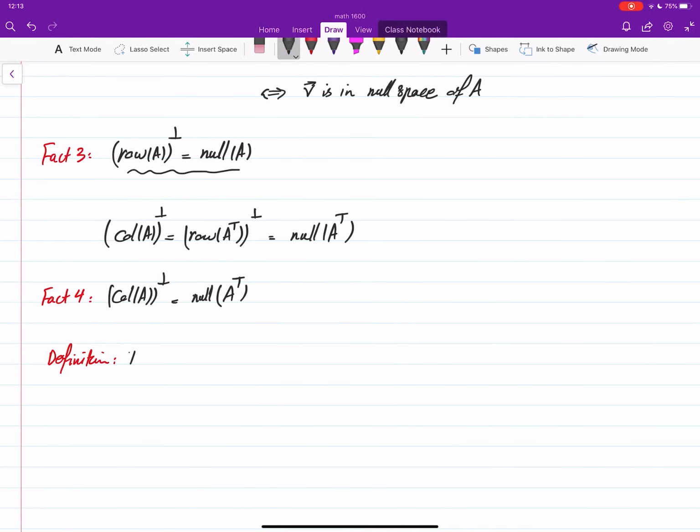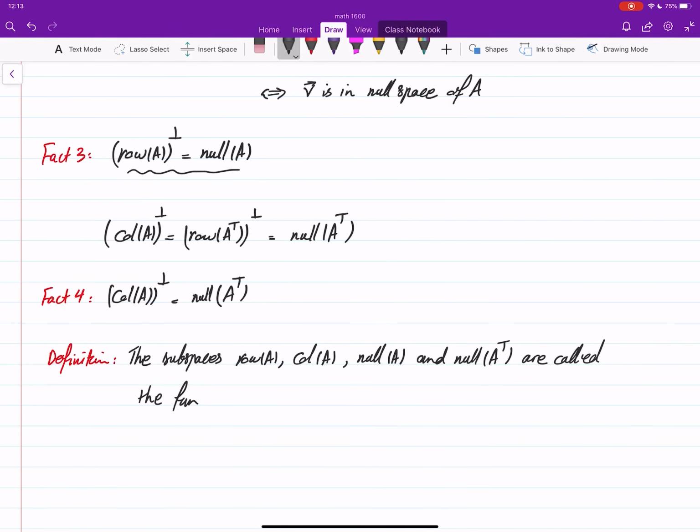The subspaces row space, column space, null space of A, and null space of A transpose are called the fundamental subspaces of matrix A. And we saw what the relation is.